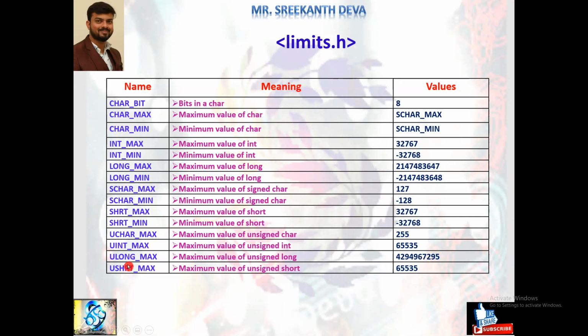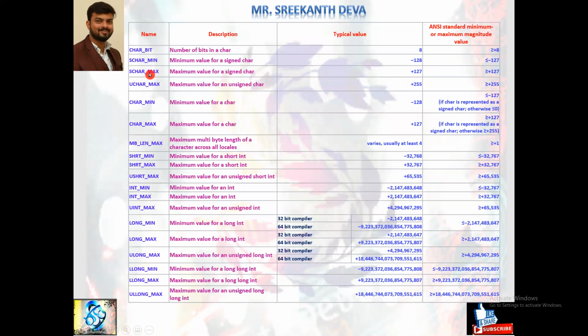ULONG_MAX, maximum value of unsigned long is 0 to 4294967295. USHRT_MAX, maximum value of unsigned short is what? 65,535.